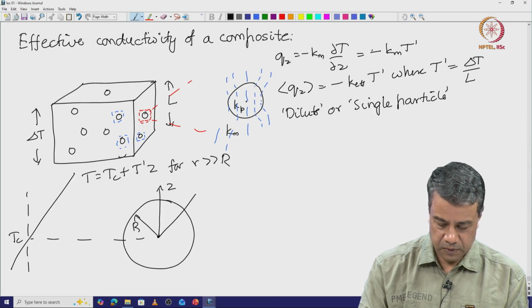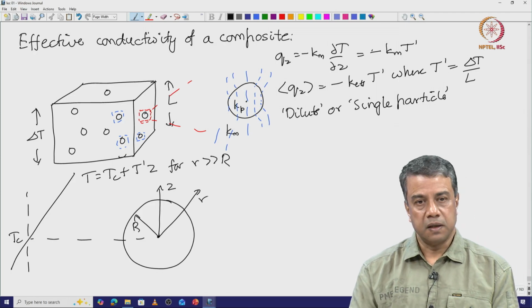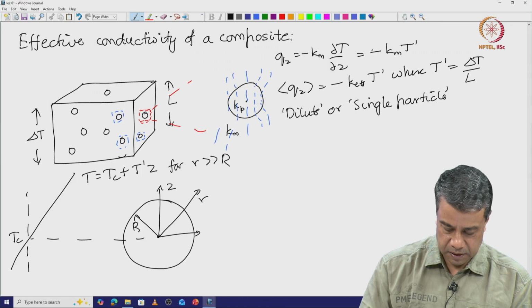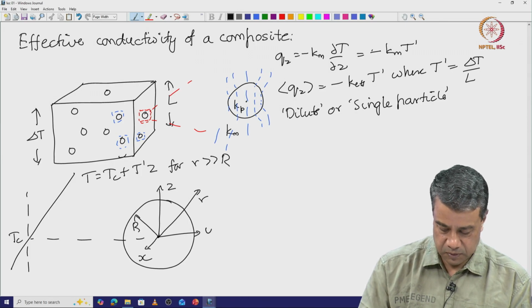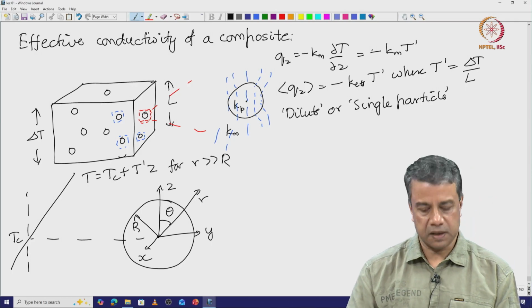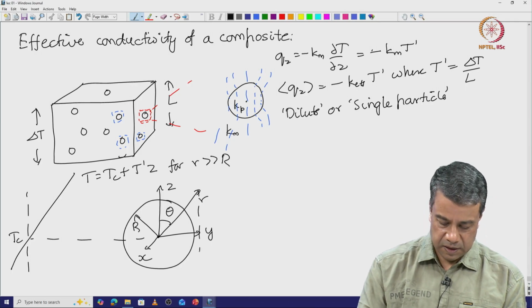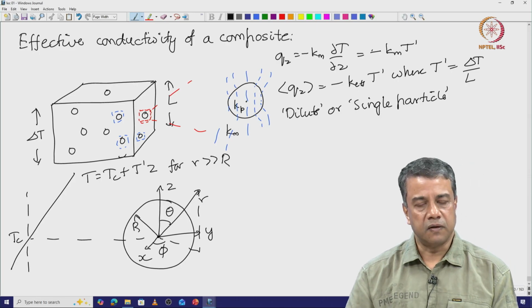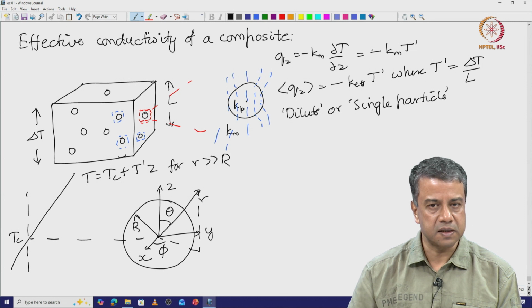We use a spherical coordinate system in the particle reference frame, where we have the 3 orthogonal Cartesian coordinates. Theta is the azimuthal angle from the z axis, and phi is the meridional angle of the projection from the x axis.